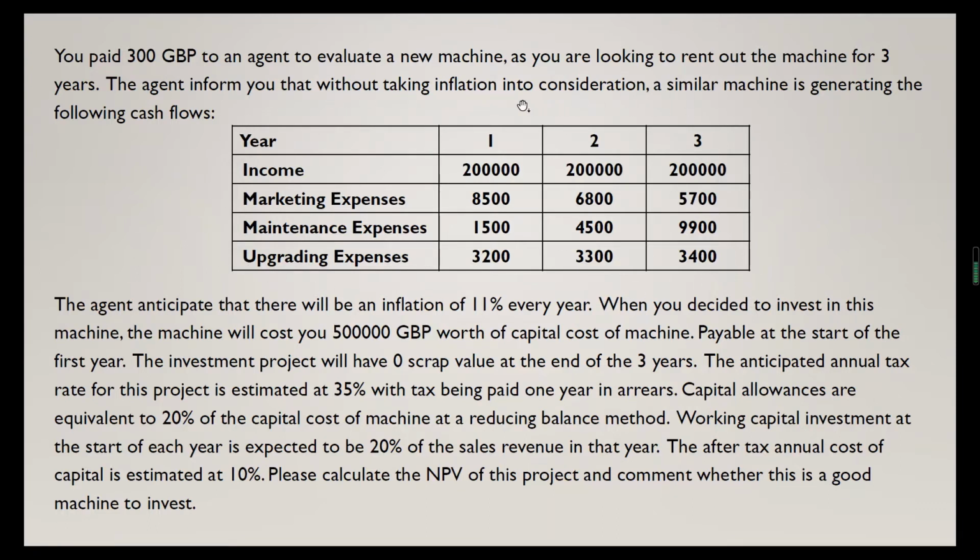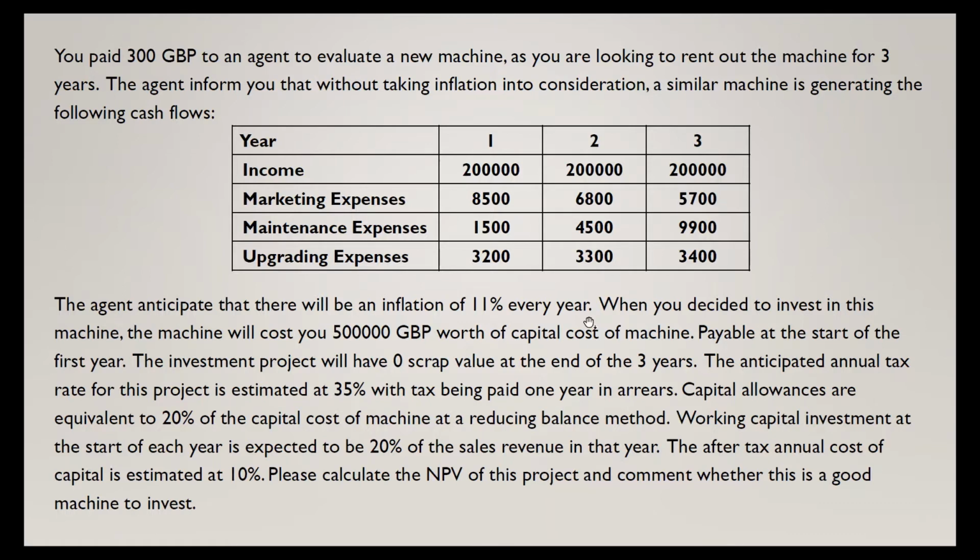However, this cash flow is excluding the inflation rate. The agent anticipated that the inflation rate is going to be 11%, so in other words, both the income and the expenses will be growing by 11% every year.